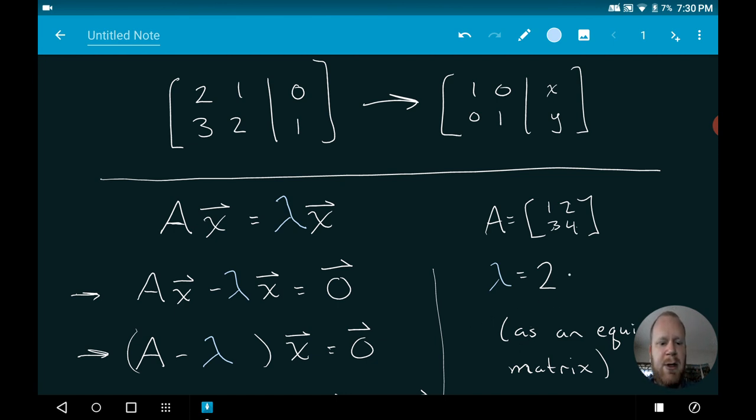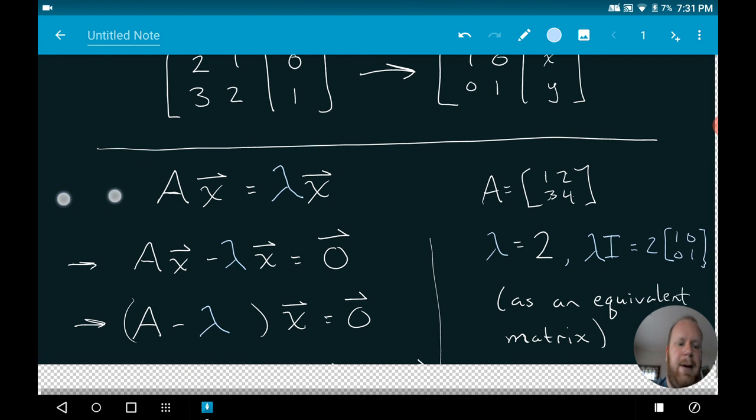What you actually want to do here, in order to write this scalar 2 as an equivalent matrix, or as a similar matrix, is to multiply it by the identity matrix. So the identity matrix is this matrix that looks like this.